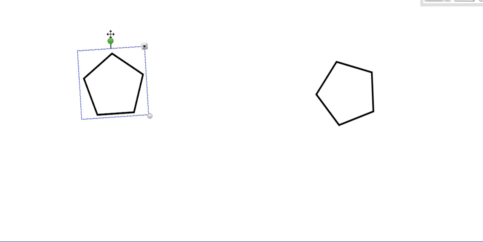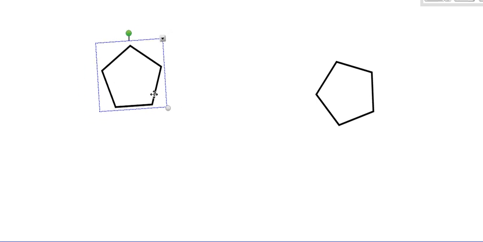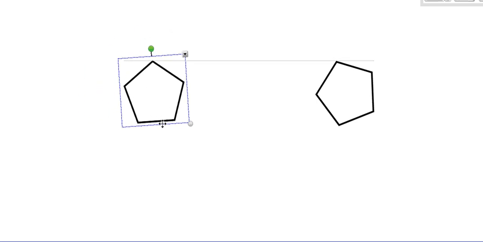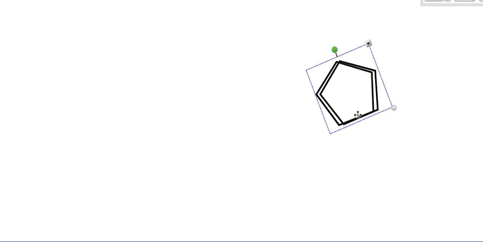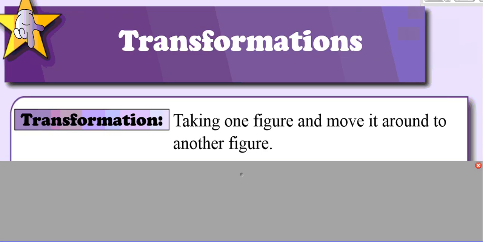Here we've got two figures. I can transform this one by moving it and then turning it a little bit, and then it matches up. That's a transformation, or actually a series of transformations technically. So moving one shape onto another shape, that's a transformation.